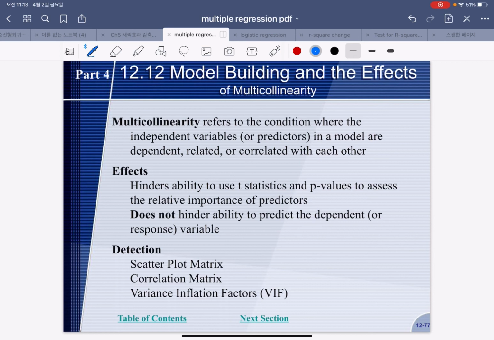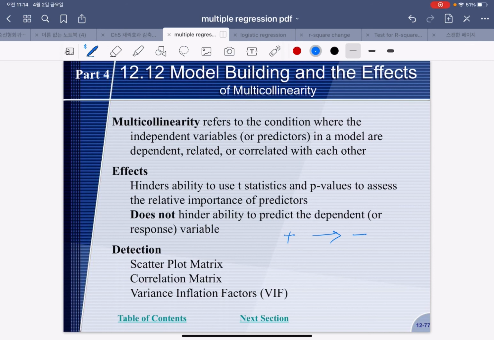If there is a multicollinearity problem, then strange things can happen. Sometimes you expect a positive relationship between a specific independent variable and the dependent variable, but if the multicollinearity problem exists, this can be negative in the regression equation.